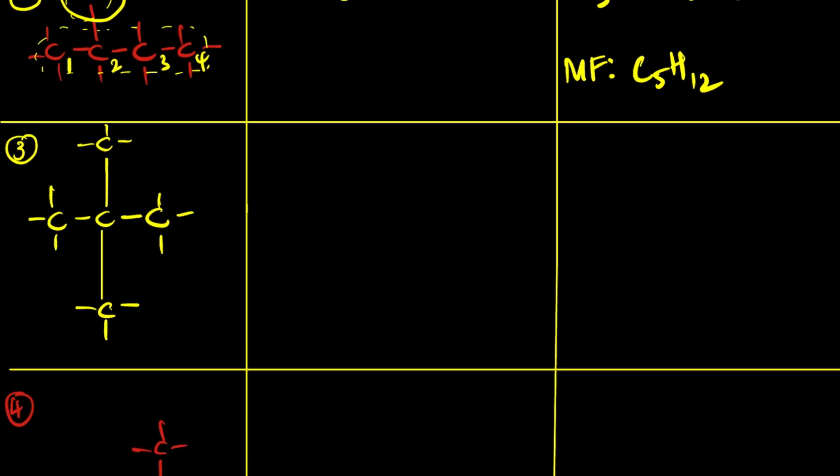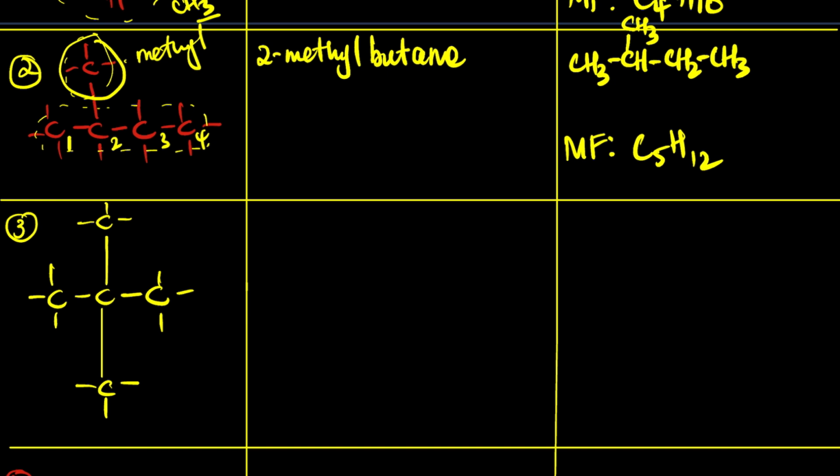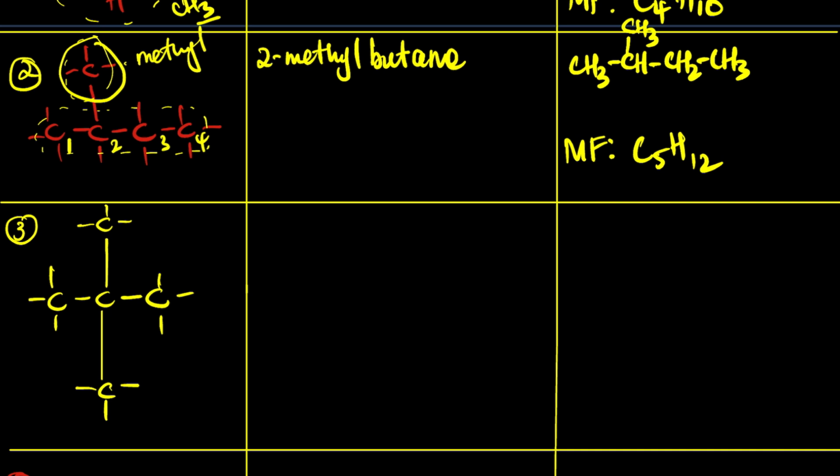I'm not gonna do the molecular formula in the next one. So let's look at this one. Let's look at the longest chain of carbon. It doesn't have to be straight, but it has to be the longest carbon chain. 1, 2, 3, right? Or we can go this way, 1, 2, 3.